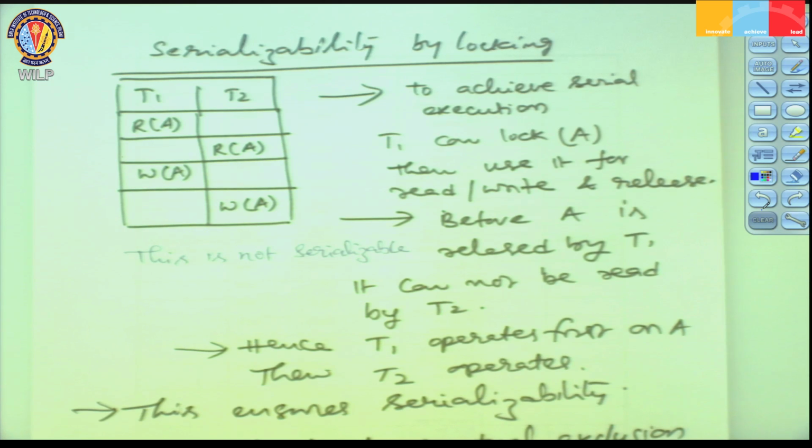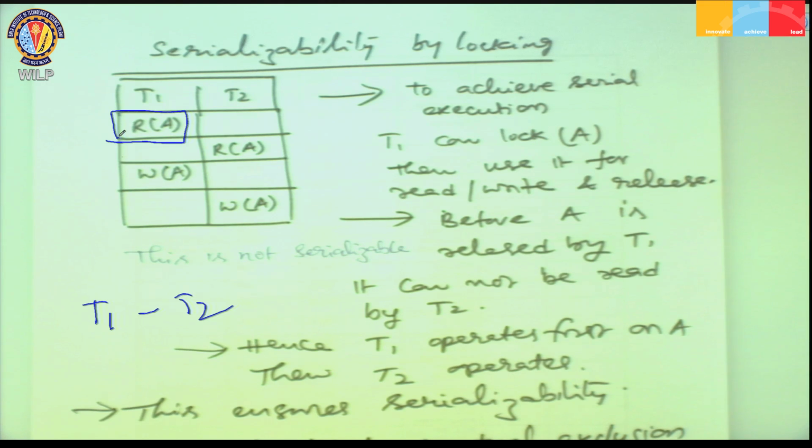To make this serializable, that is, to make the effect the same as executing T1 first and then T2 next, what I can do is, when T1 wants to read or access the data item A, it can acquire a lock on data item A in exclusive mode. When it is in exclusive mode, a transaction can read or modify the data item.